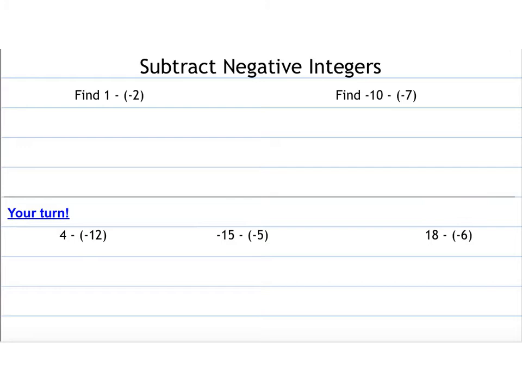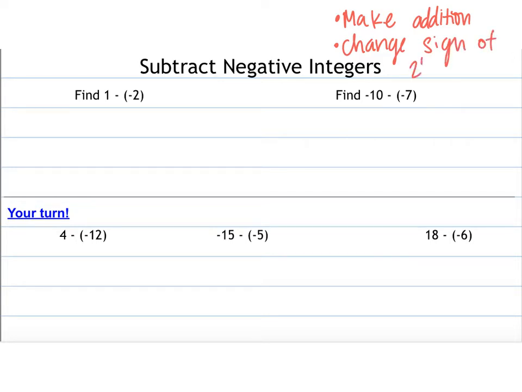All right, subtracting negative integers, same thing. Make it addition. Change sign of second number, and then you add.